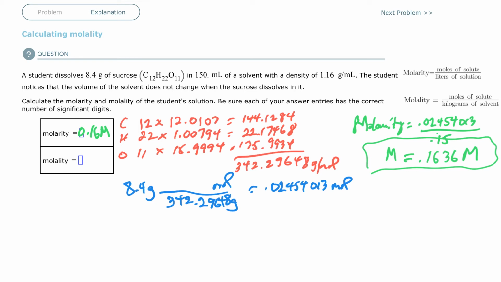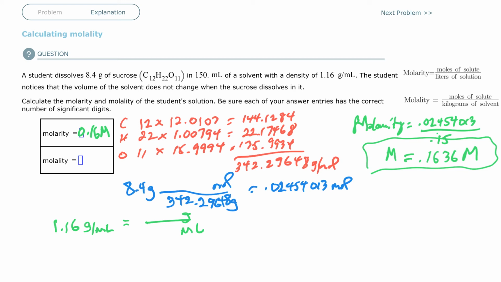Molality, I've got moles already, that's fine, but I need kilograms of solvent. So how many kilograms? It doesn't tell me how many kilograms, but it tells me its density. All right, so the density means 1.16 grams per milliliter equals so many grams over so many milliliters.